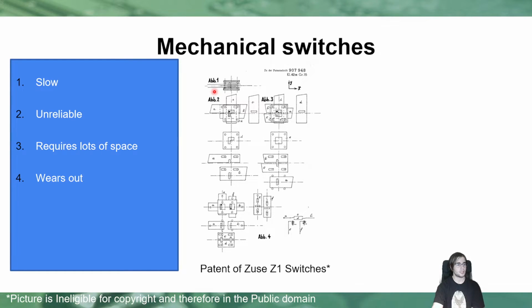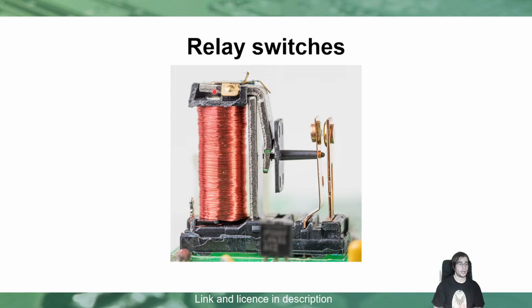Well, after that came the relay switches. The relay switches basically work now on electrical signals. It's not anymore physical parts moving. It is just an electromagnet. We have one here. That's like the little coily thing with the wire around it.